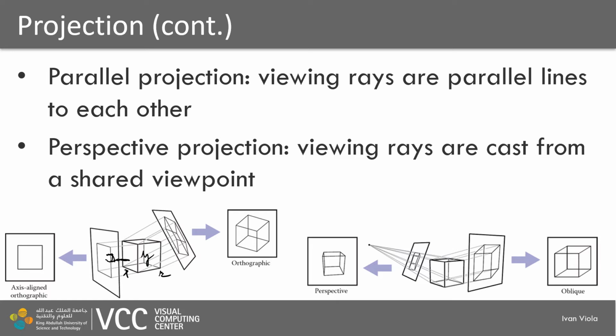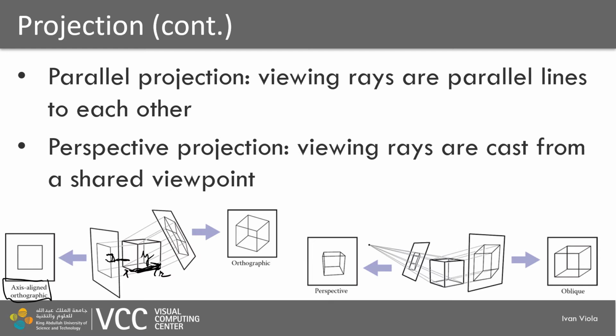Even more so, if this projection is aligned with one of these axes within the scene, like for example the z-axis here, then we are talking about axis-aligned orthographic projection. And if we do not have such an alignment, but still the viewing plane normal is used for the projection onto the plane, then we are talking about orthographic projection.